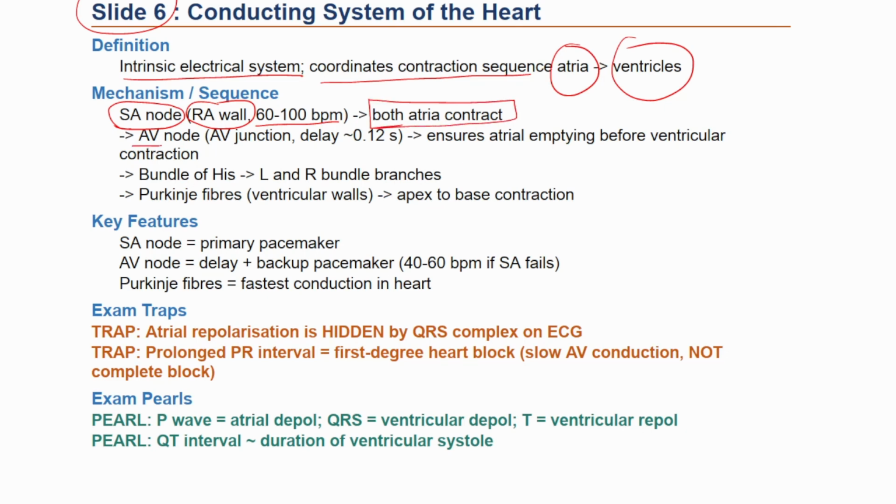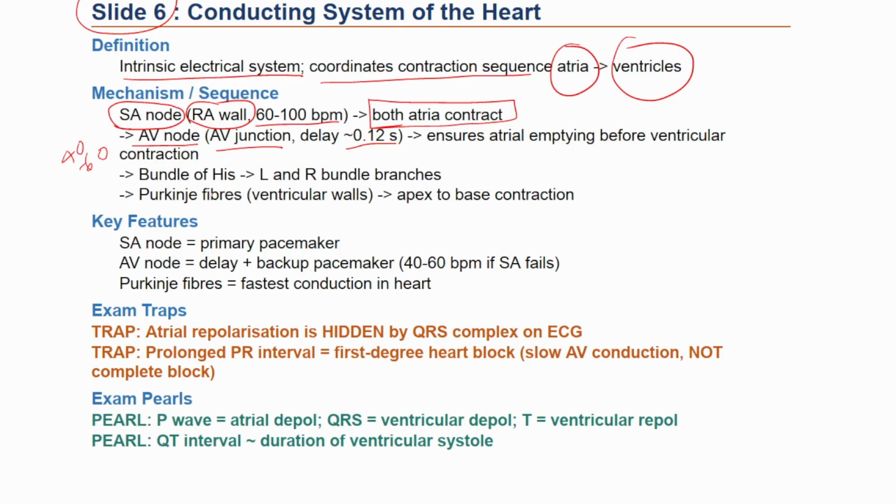Then comes the AV node, which is positioned at the AV junction. This node imposes a crucial delay of approximately 0.12 seconds, functioning as a backup pacemaker, firing at 40 to 60 beats per minute if the primary SA node fails. Then comes the bundle of His.